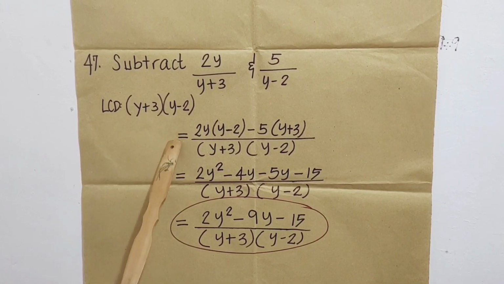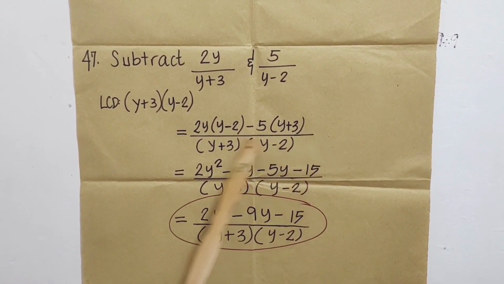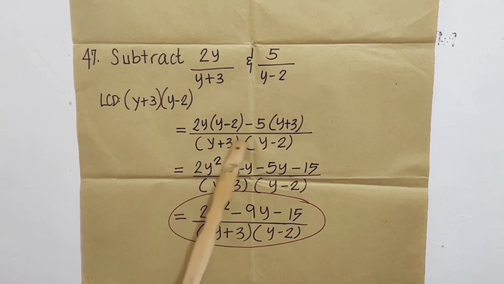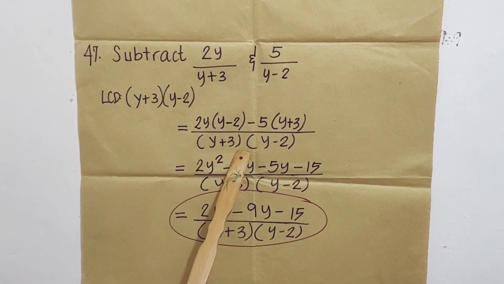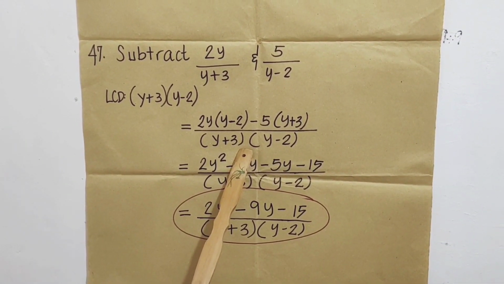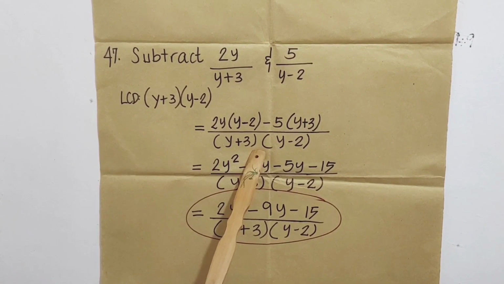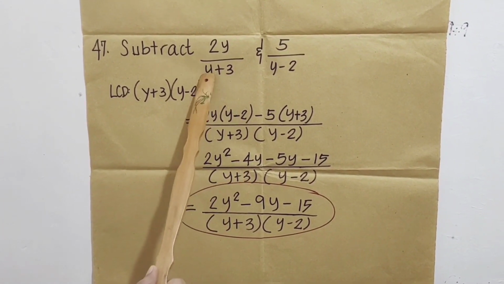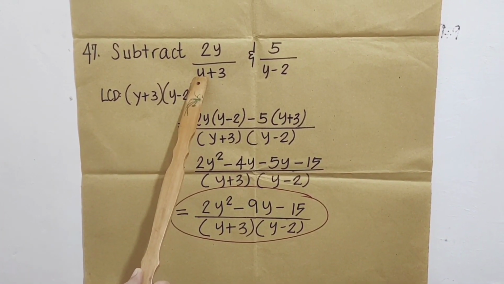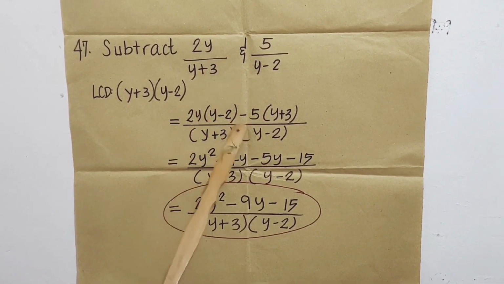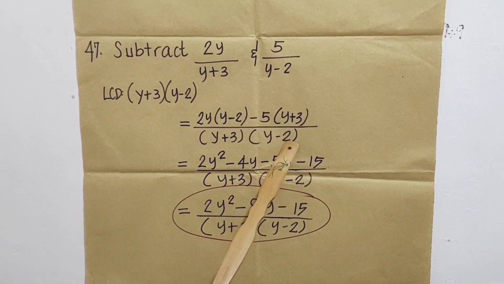Upon knowing the LCD, we draw a line, then write the LCD below the line as our denominator, and then we divide it by the denominator of the first rational expression, and the result, we cancel this, and the remaining is y minus 2.